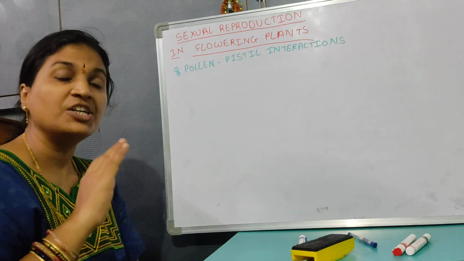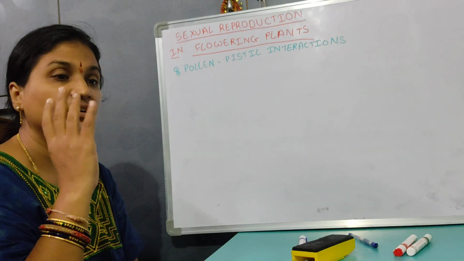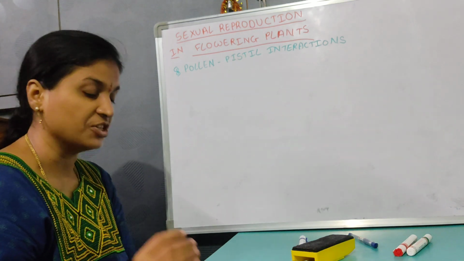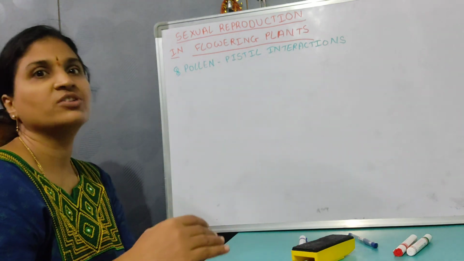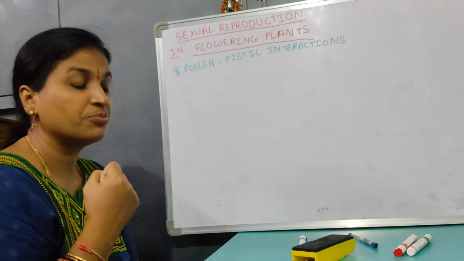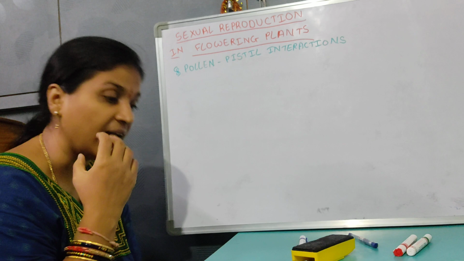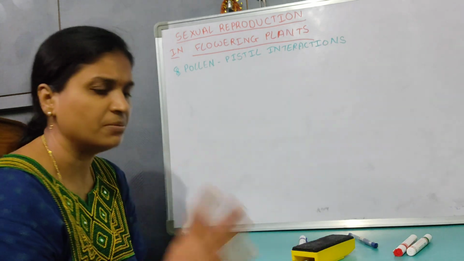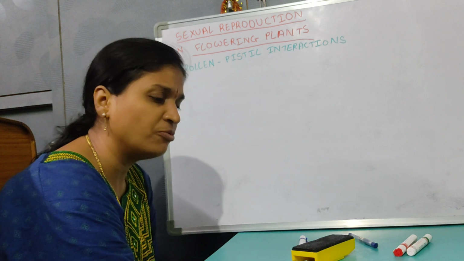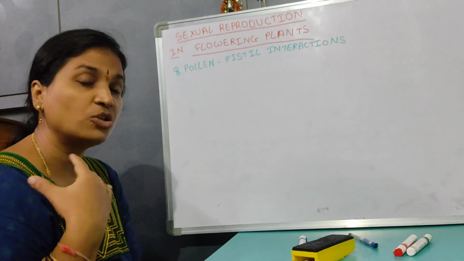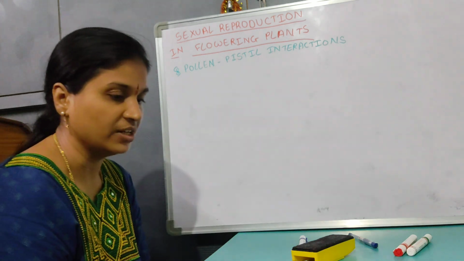So pollination does not guarantee fertilization, because sometimes the wrong type of pollen grains also fall onto the stigma. The pistil has the ability to recognize the compatible pollen grains, accept them, and reject the incompatible ones.